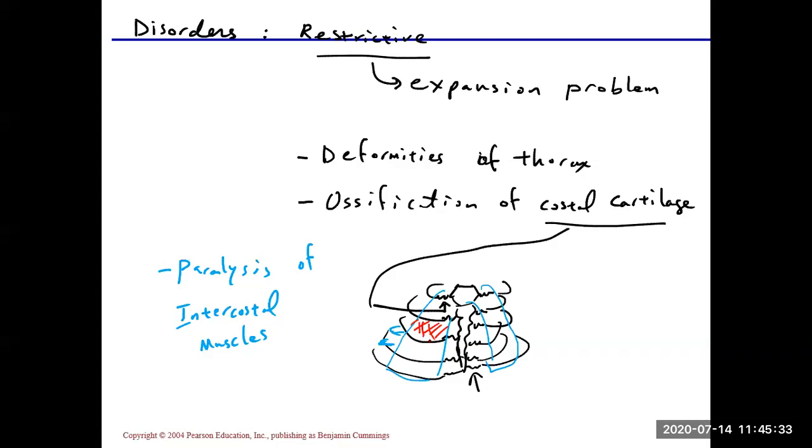When these muscles are paralyzed for whatever reason, maybe lack of oxygen or other complications, the chest is not going to be able to expand as much, and as a result it will affect the lung condition. So those are some of the ideas.